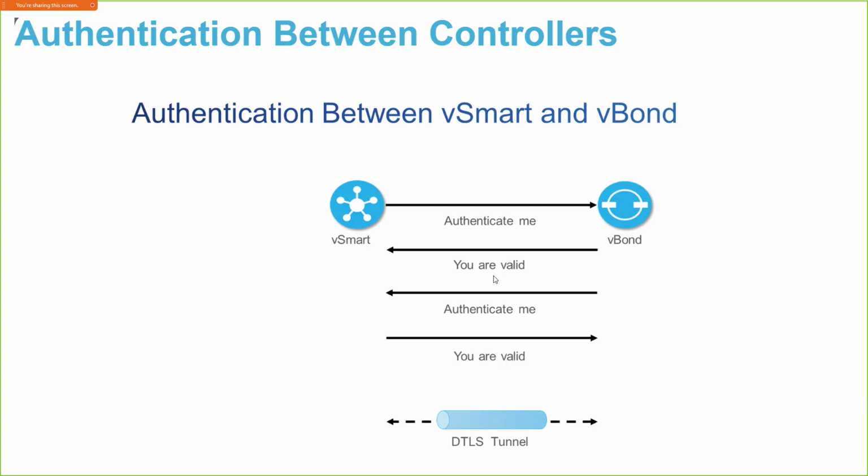So when a vEdge router boots up and it joins the network, they're going to exchange their certificate, including the public key and the serial number, with any other Viptela device as part of the authentication process.